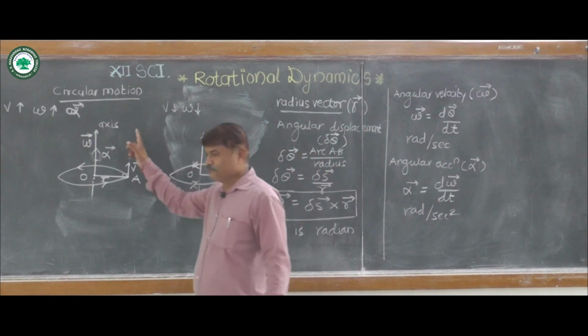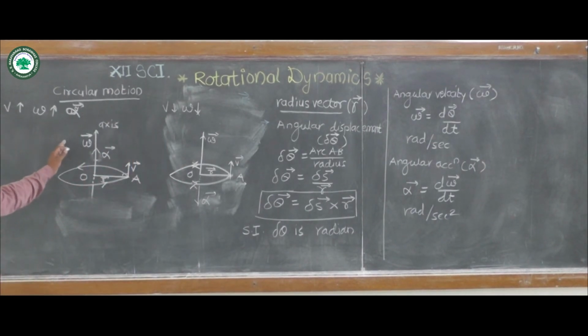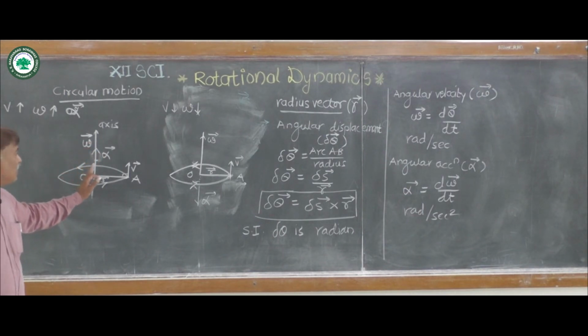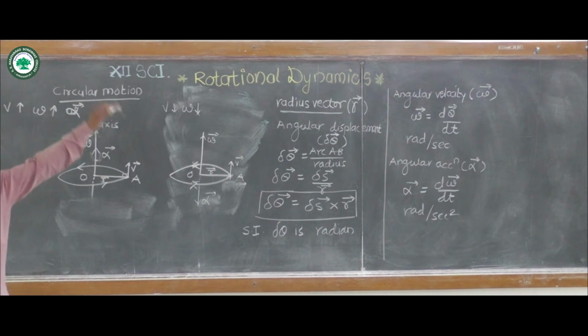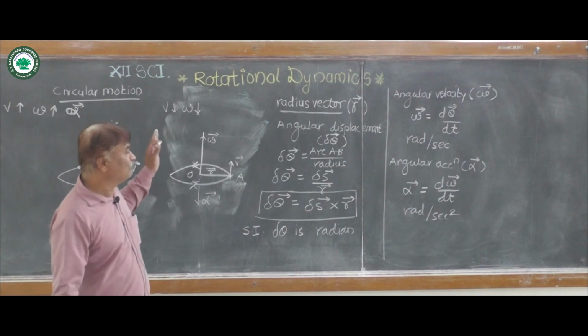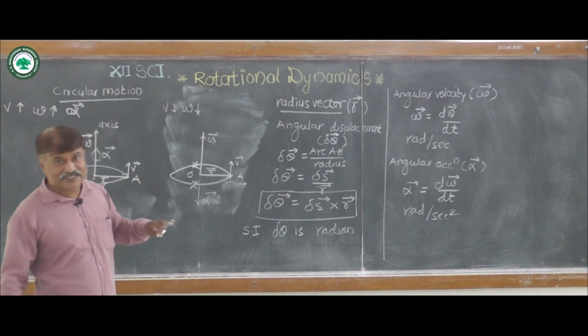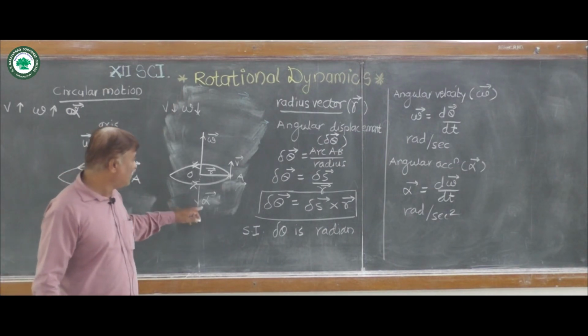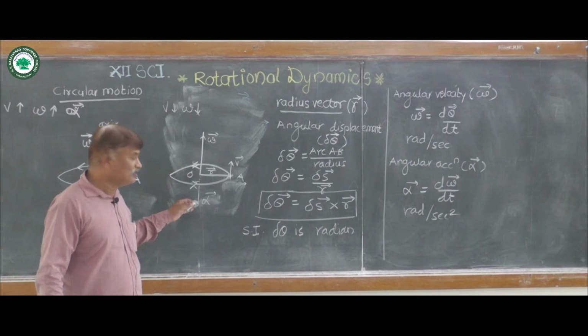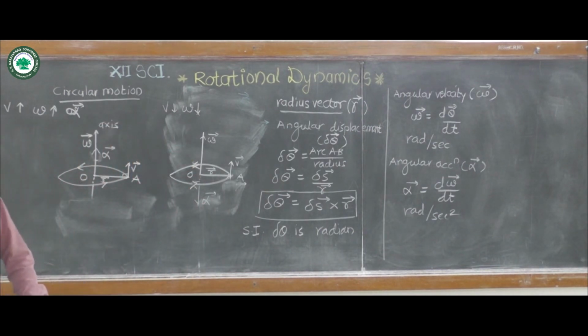So remember again, when the fan is switched on, omega and alpha are both along the axis in the same direction. And when the fan is switched off, both linear velocity and angular velocity go on decreasing. Then alpha bar is along the axis but in the downward direction.